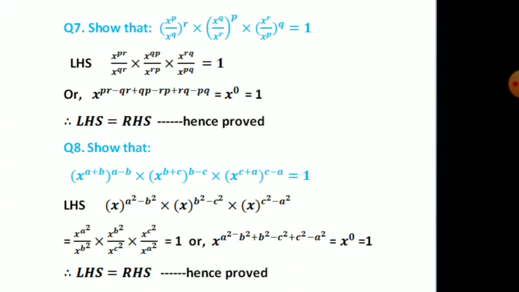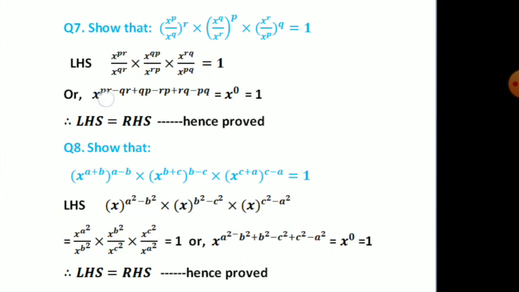Now here, there is also an alternative method which you can apply. Since here the common base is x, the one which is in division, we will write the exponents in subtraction, and the one which is multiplied, we can write the exponents as addition.